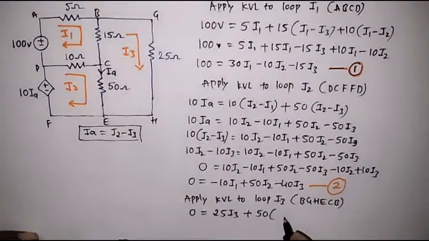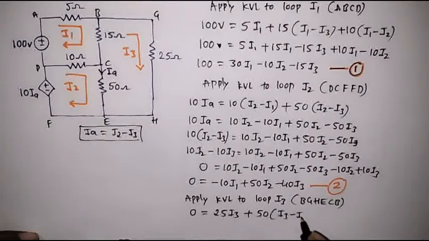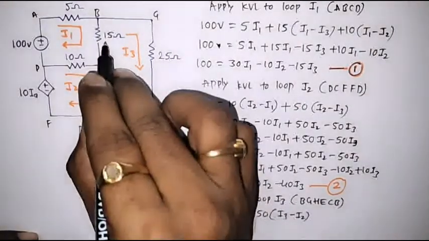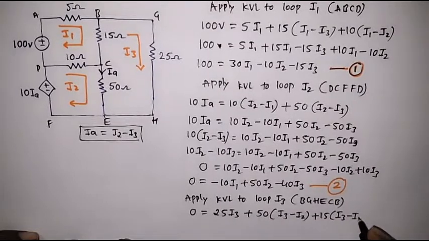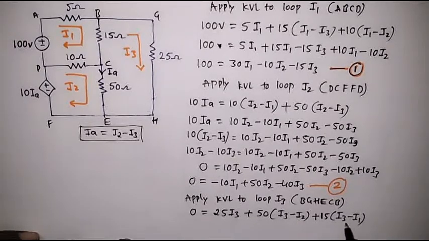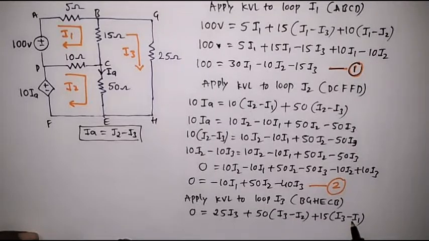The drop across the 50 ohm resistor is 50 into I3 minus I2. Then the same current flows in the 15 ohm resistor, that is 15 into I3 minus I1. Here minus I2 because I2 and I3 are opposite to each other, and here minus I1 because I1 and I3 are opposite to each other.